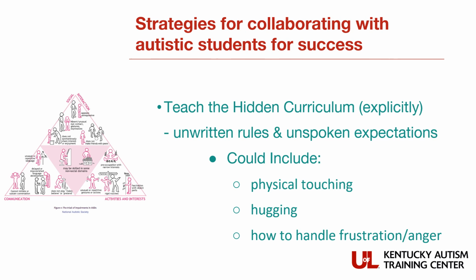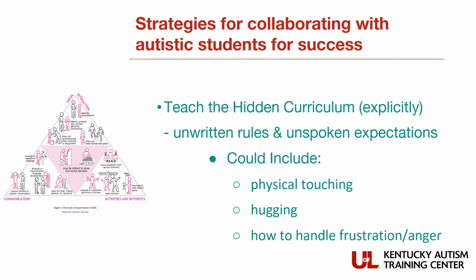Some common ones that I hear about is, again, physical touch. Those students with autism may not always know what type of physical touch is appropriate or not appropriate. Hugging. Some of them come from K-12 schools that allowed them to hug every single individual that walked by, and then they get on a college campus where people are like, don't hug me, you don't know me, I don't know you.